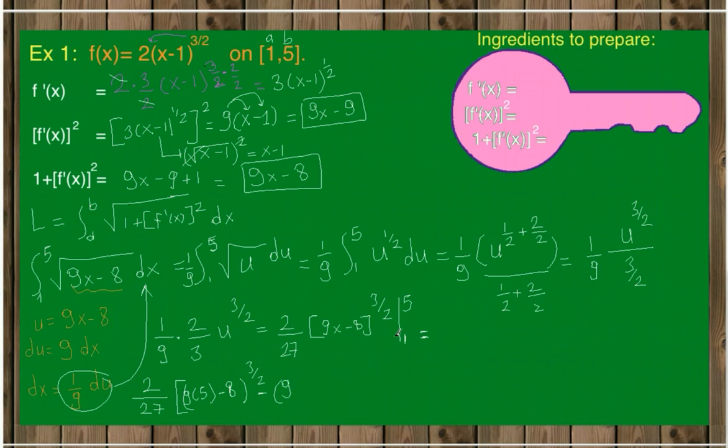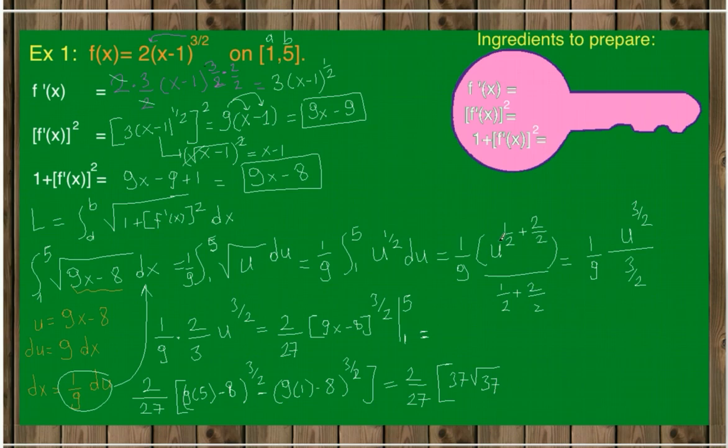What is our lower boundary? 1. 9 times 1 minus 8 raised to the 3 over 2. 2 over 27 is in front. 9 times 5 is 45. 45 minus 8 is 37. 37 raised to the 3 over 2 is 37 root 37.